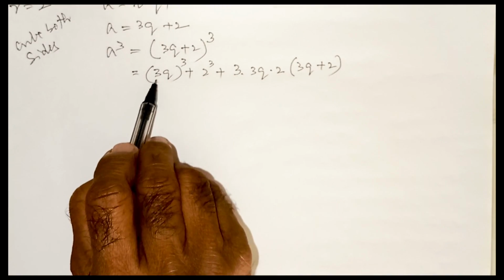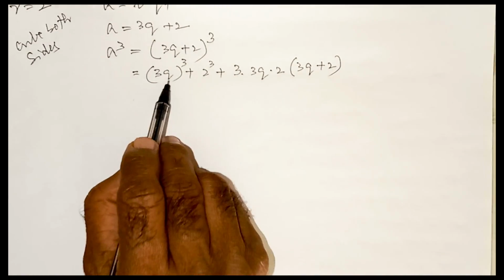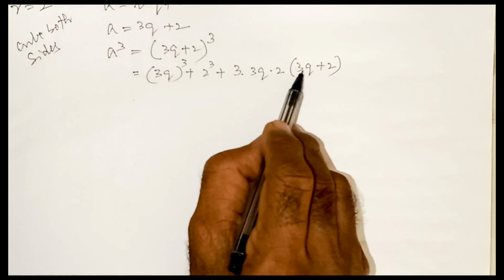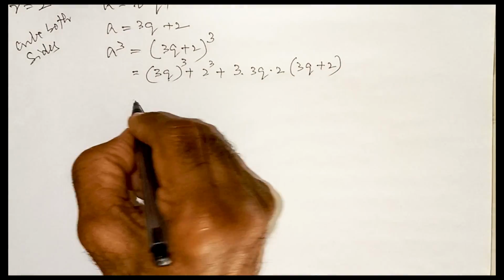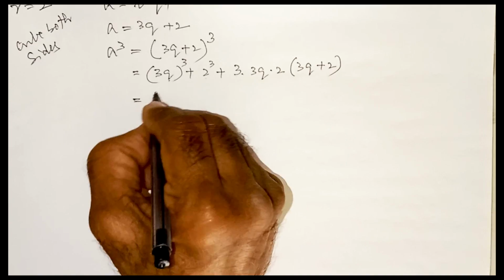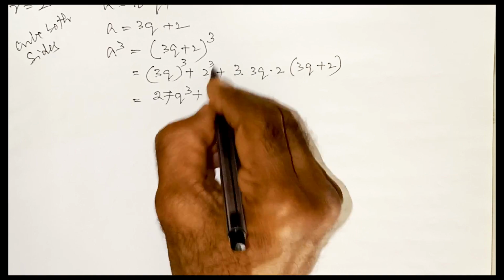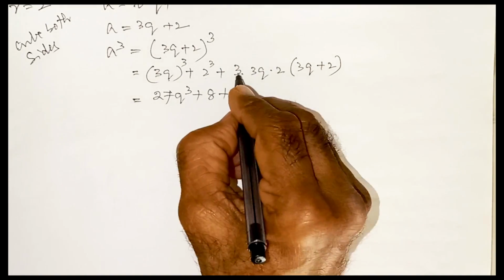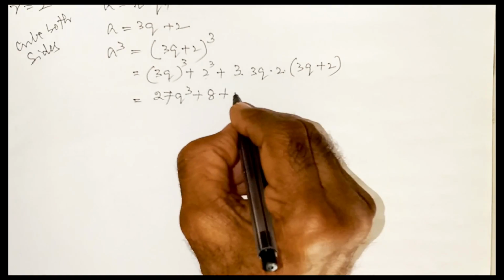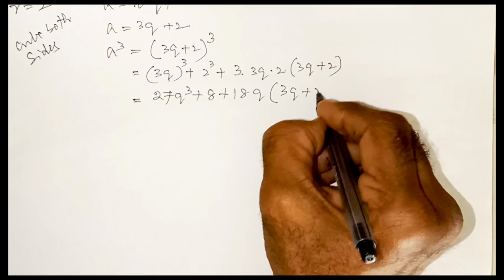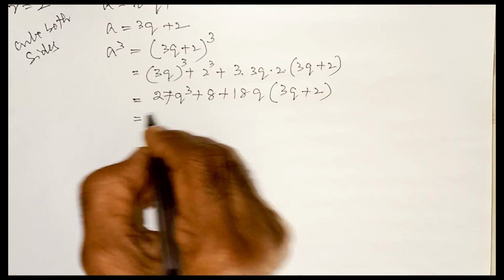This follows a plus b whole cube, a cube plus b cube plus 3ab into a plus b. When you simplify, you get 27Q cube plus 2 to the power 3 is 8, plus 3 into 3 is 9, 9 into 2 is 18, Q, and 3Q plus 2 is written as it is.